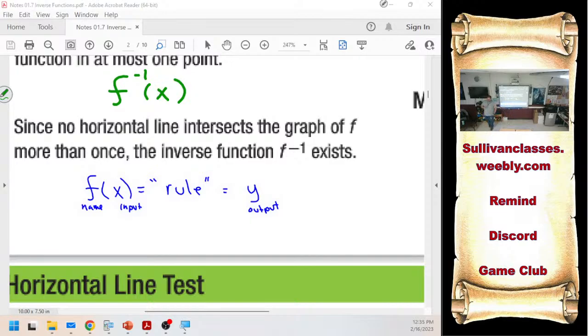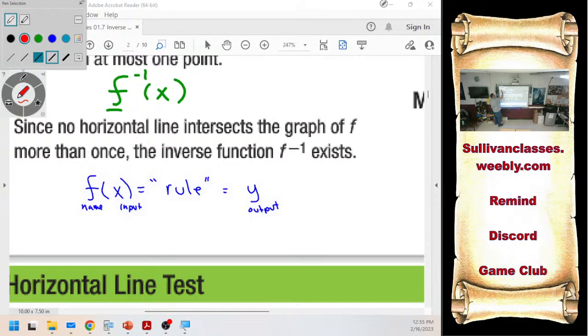And that can get confusing to kids. In fact, I hated this for years. From the time I was in high school all the way through, I had been teaching for years, and I still just hated it until I really wrapped my head around the idea that this is on the name of the function.